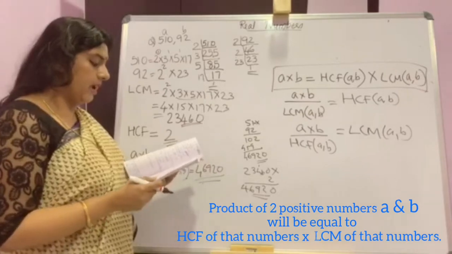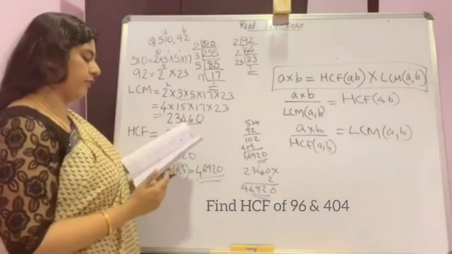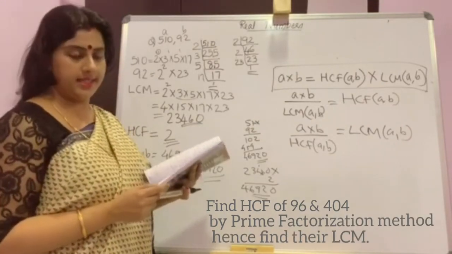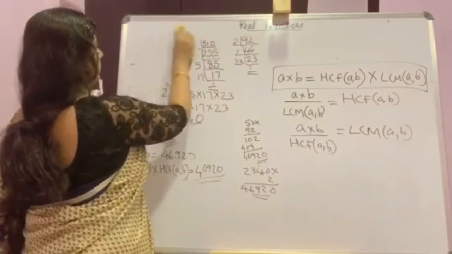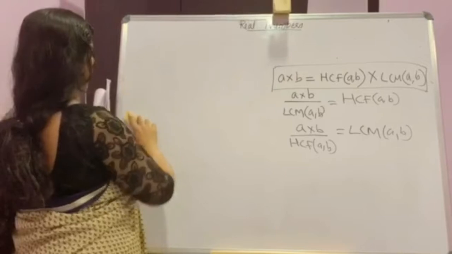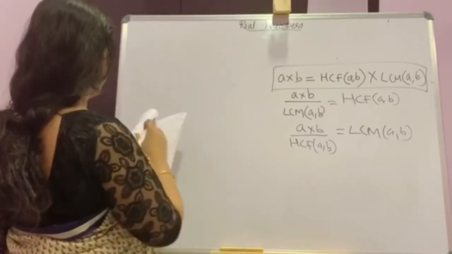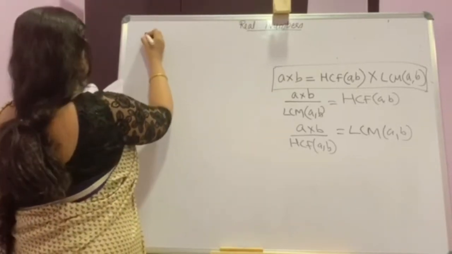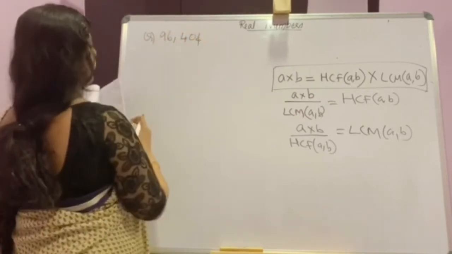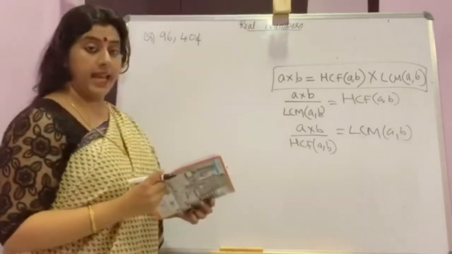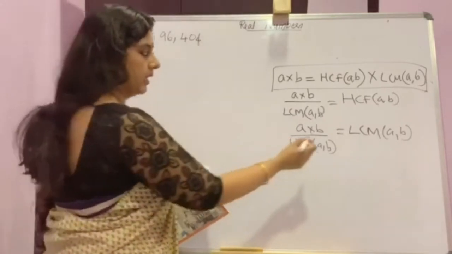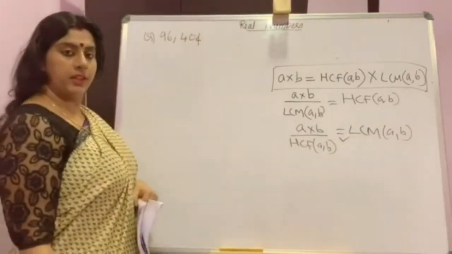Now next question. Find HCF of 96 and 404 by the prime factorization method. Hence find their LCM. Numbers are 96 and 404. First we have to find the HCF by prime factorization and then the LCM by this method.